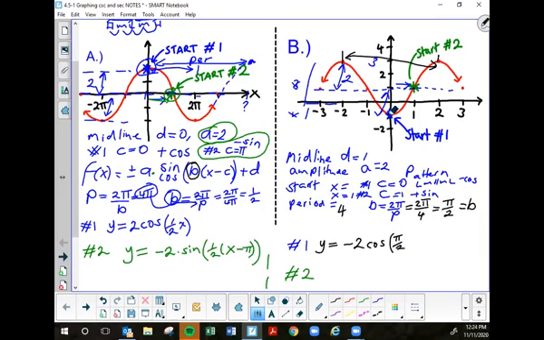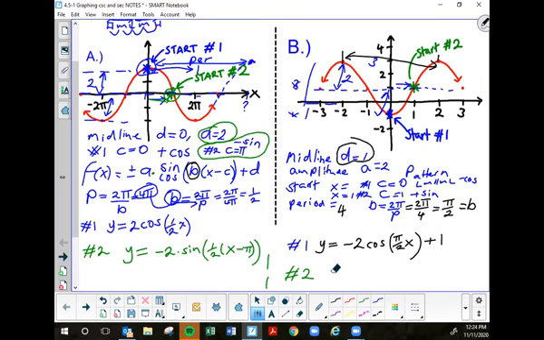Well, this one starts on the y-axis, so it hasn't been shifted horizontally at all. So I don't actually need to put more parentheses with x minus c. I can just put x in it. Then I have to add on the vertical shift, and this one did have a vertical shift. Remember, it was up 1. So I put plus 1.